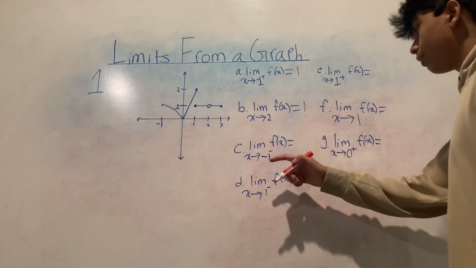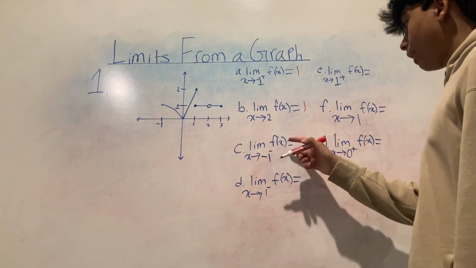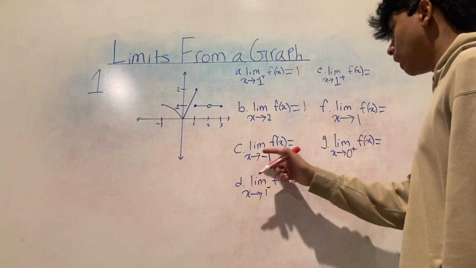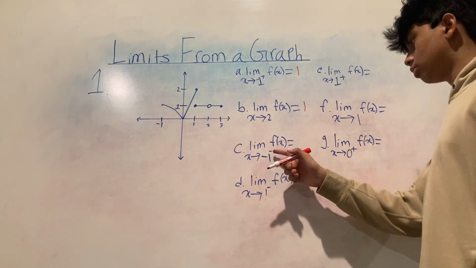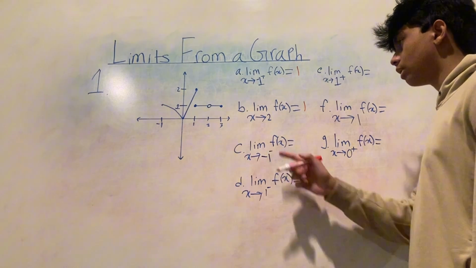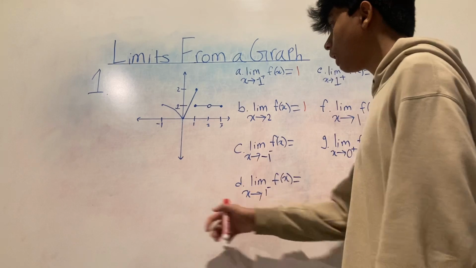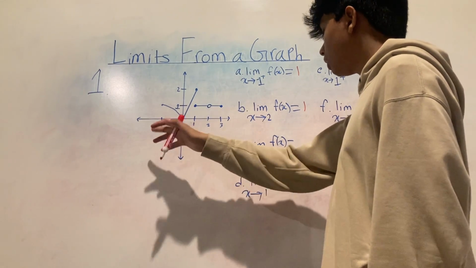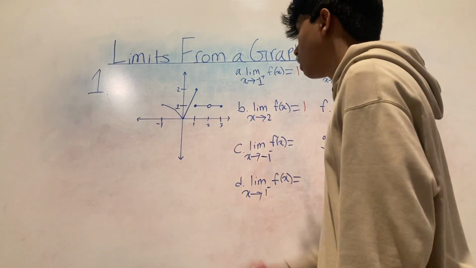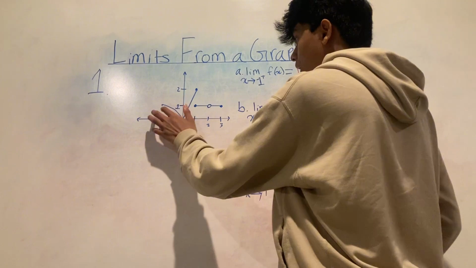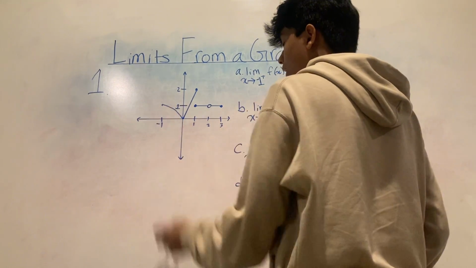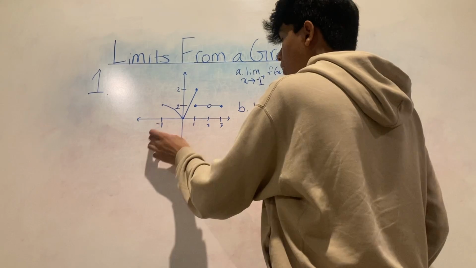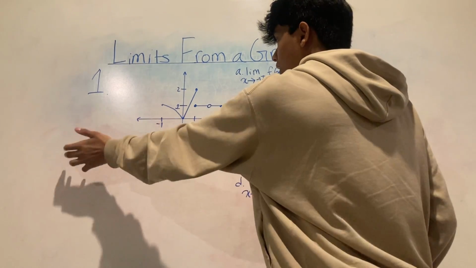Now see, we have the limit of f of x as x approaches -1 from the left. As you see, there's a superscript from the left because of the negative. So we look at -1 and see what the limit is as it's coming from the left. But even though there's a point over here, there's no graph that's coming from the left, as the most left point is -1, and there's nothing beyond that.